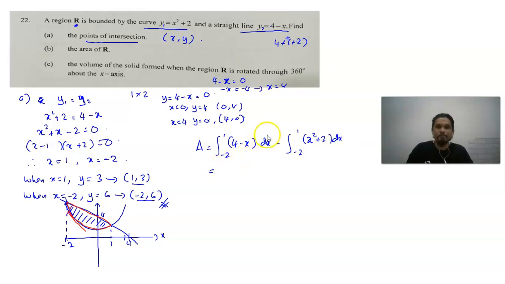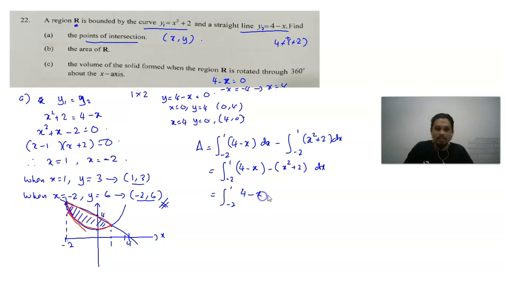Now combine them: integral from negative 2 until 1 of 4 minus x minus x squared plus 2 dx.